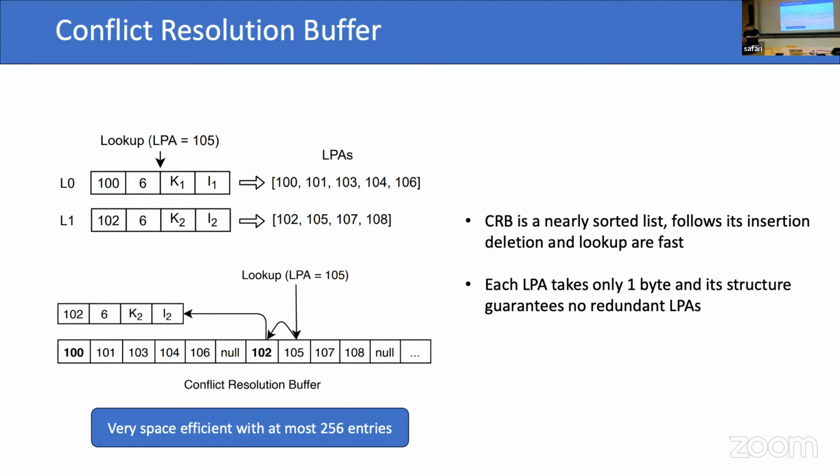When we find it, we go to the left until we find a null. When we find a null, we know which segment we are in by going one to the right. This way, we can address overlapping between approximate segments. Also, based on the structure of the log storage and how it is stored, it's very fast, and it guarantees there are no redundant LPAs, so we always have the right answer.